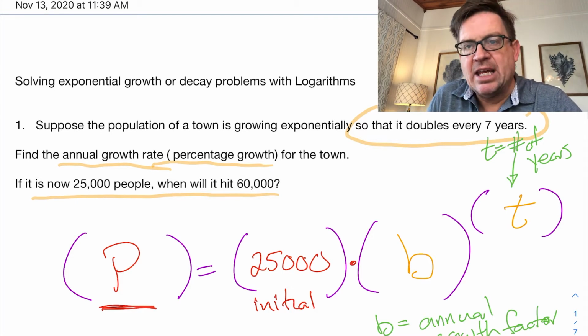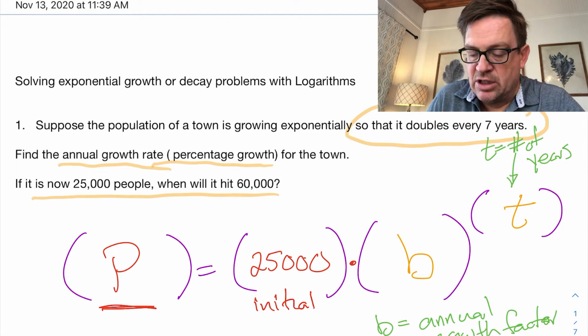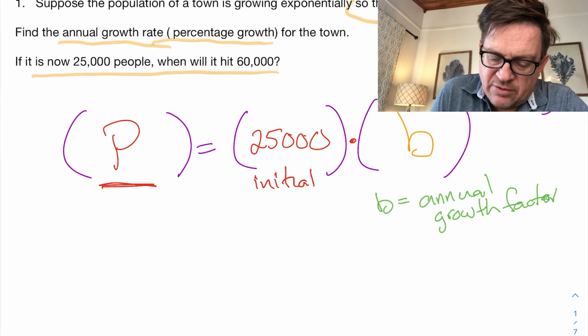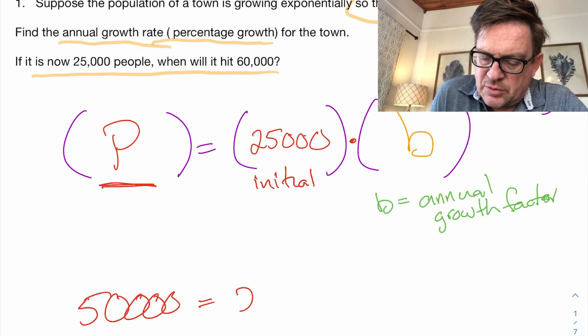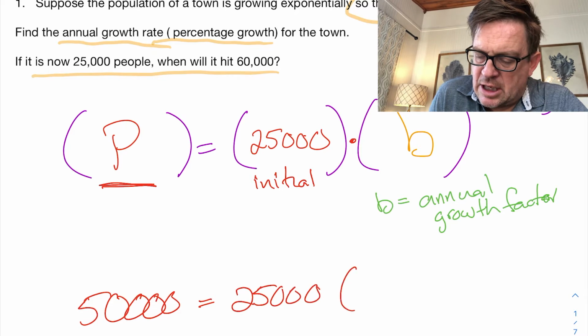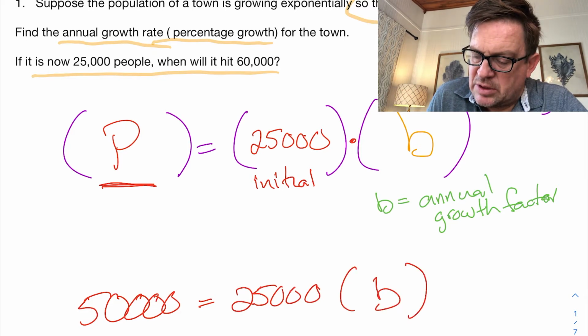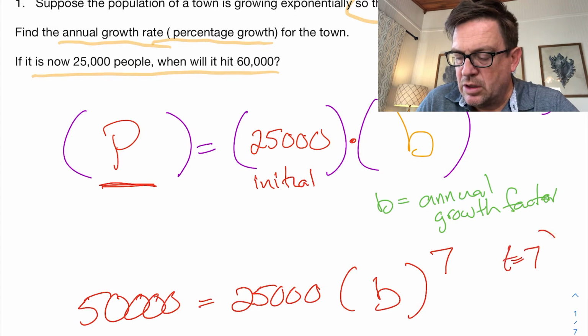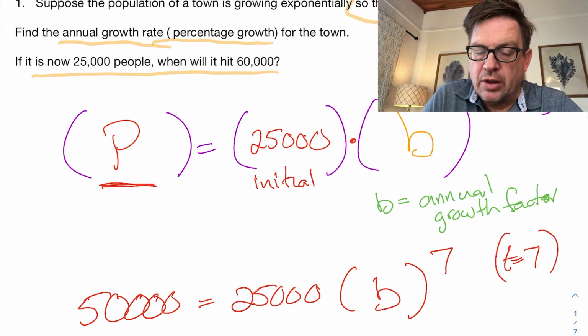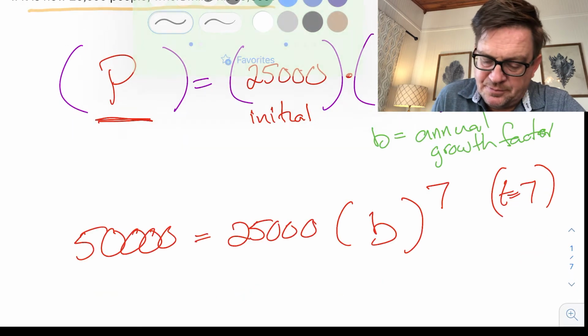So how can we find the annual growth rate if it doubles every 7 years? Well, if it doubles every 7 years, then that's going to end up being 50,000, 25,000 times b to the 7 years, if t equals 7. And so then we can solve for b.